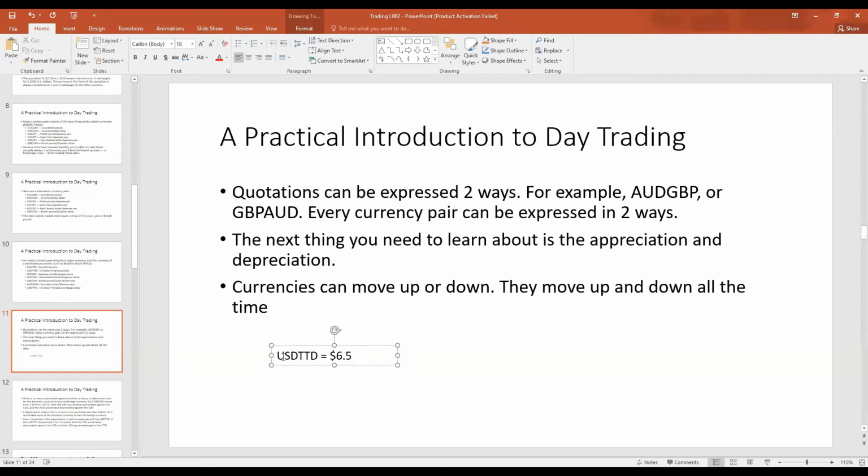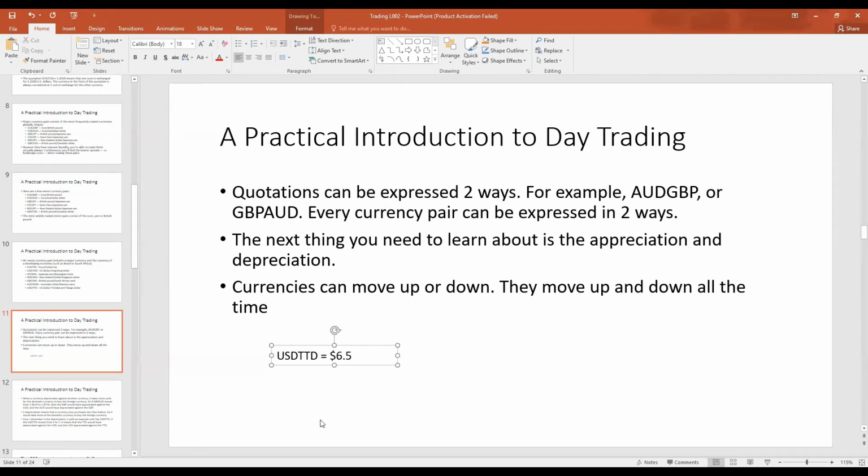The US dollar is noted as 1, and the Trinidad and Tobago dollar is in the back. The mere fact that this number is greater than 1 suggests that the US dollar is a stronger dollar. So the USD TTD can be expressed like this, 6.5.